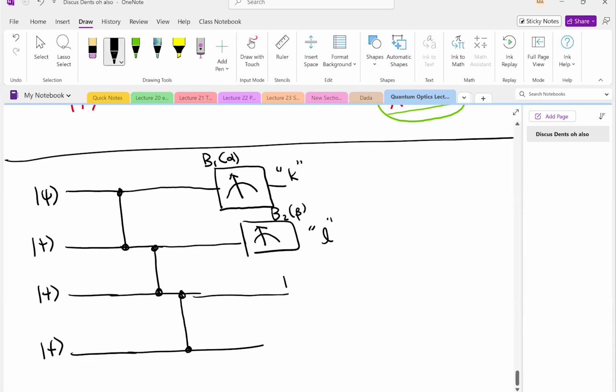Measurement on the third qubit about some axis gamma, you get some output M.